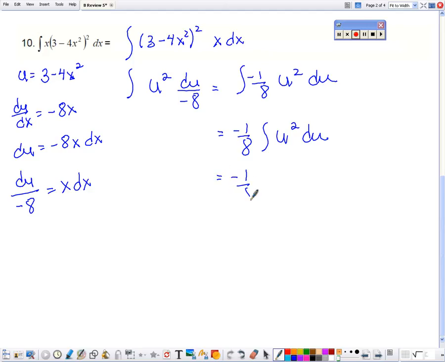Now I'm going to take my antiderivative and simplify. Negative 1/8 times the third here is negative 1/24. U is 3 minus 4x squared to the third plus c.